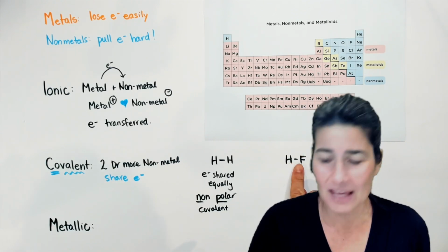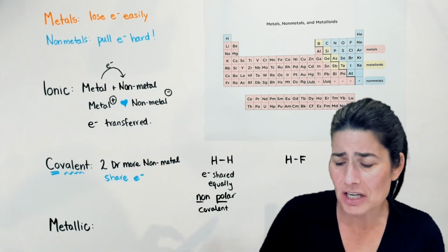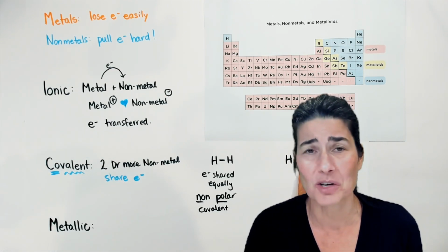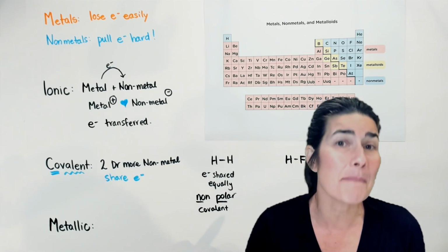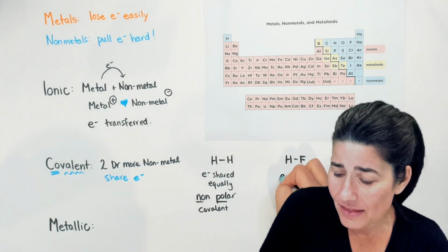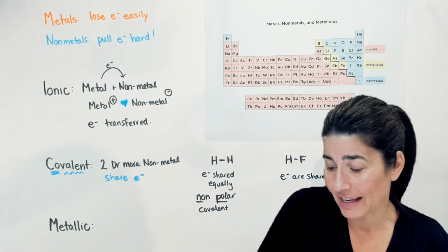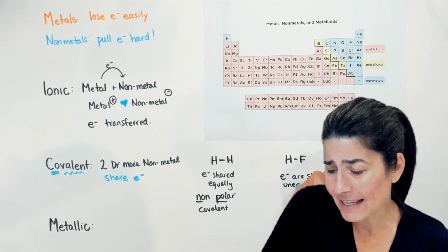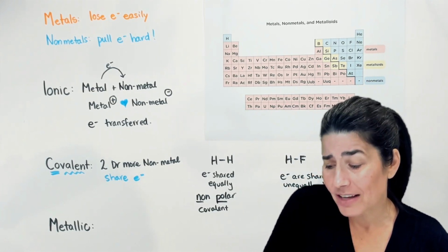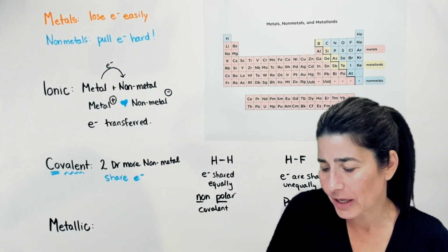So if they pull differently, think of this like a tug of war. H is pulling on the electrons in that bond. F is pulling on the electrons in that bond. They will get pulled to one side versus the other. If the electrons are shared unequally, and there is, in fact, a pull towards one side, we call that polar covalent.